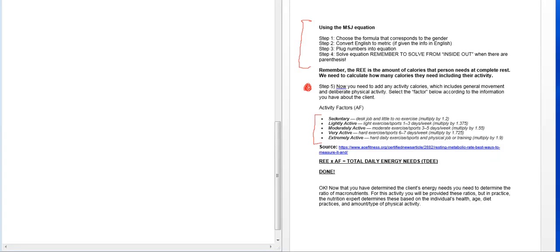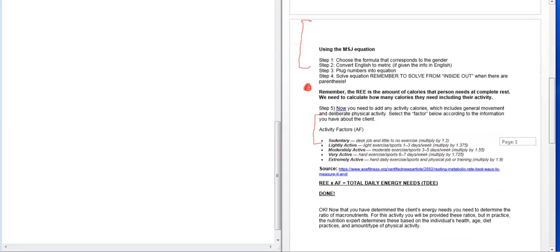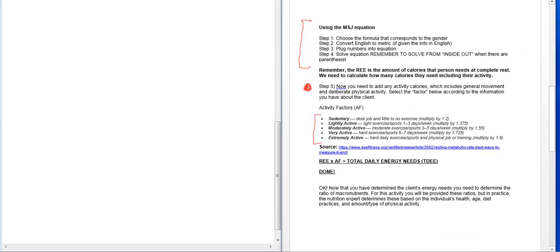Now, the client, the patient, whoever you want to call them, she does 4 times a week running for 60 minutes, and that's 5 miles. So that's about a 12-minute mile. So let's see how active we think she is based on these descriptions.